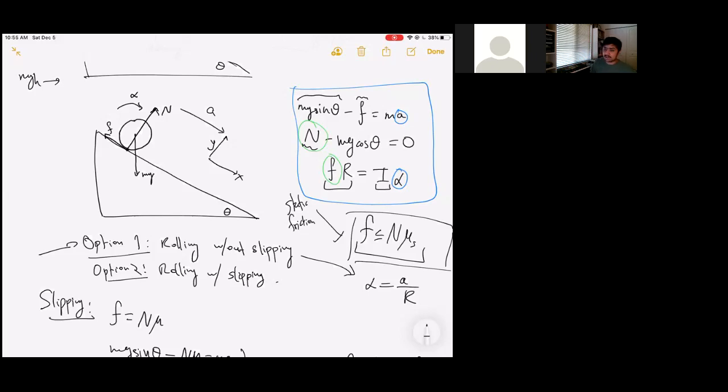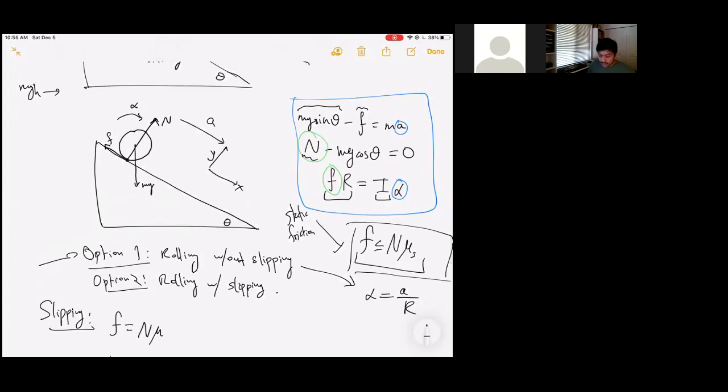The reason this is continuous when you solve for A and all these things is this. If the kinetic and static coefficients were different, the boundary between the two regimes is when, in the rolling without slipping case, F is equal to n mu s. And right when you start going into the slipping case, you set F equals n mu k.